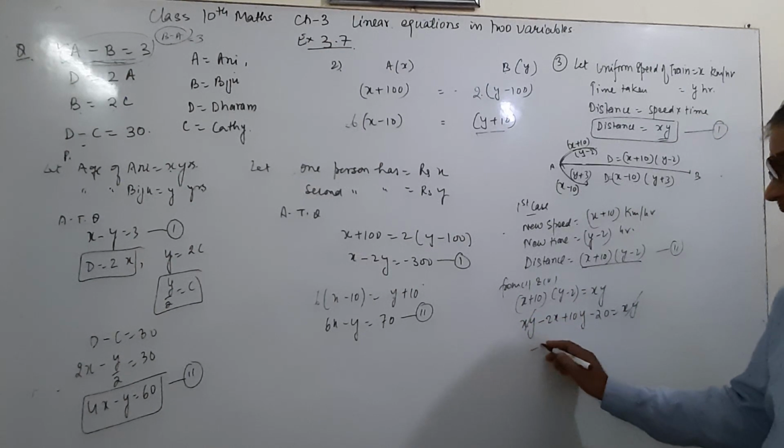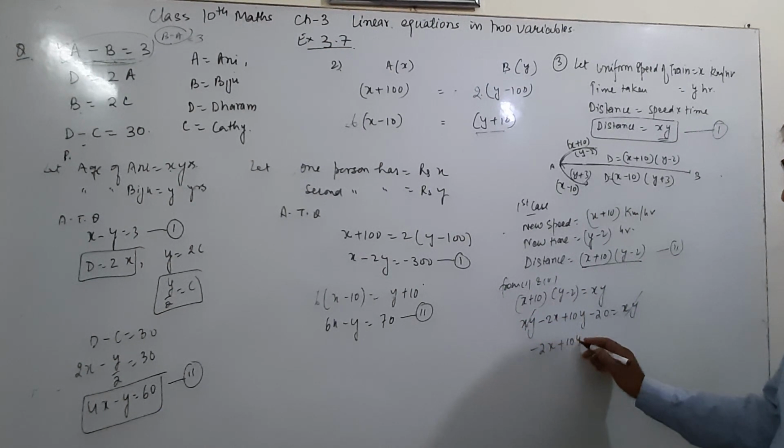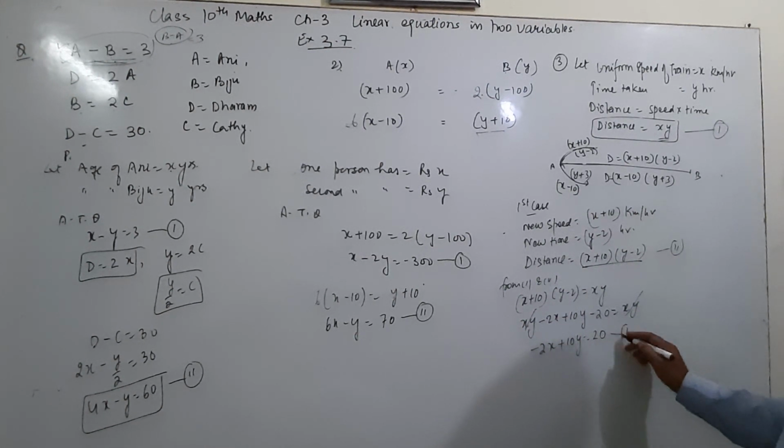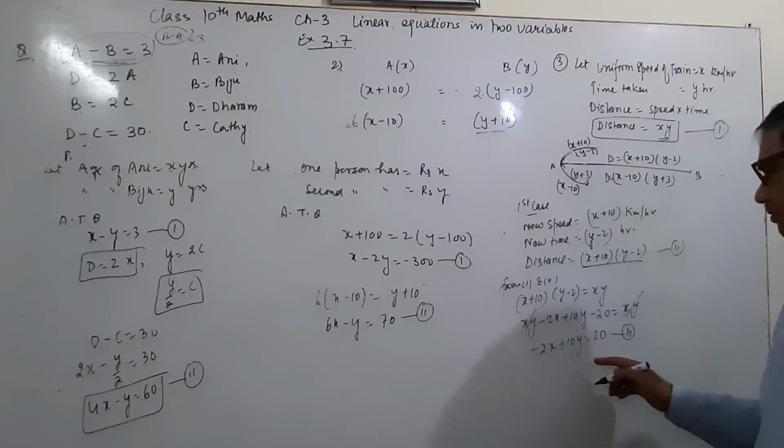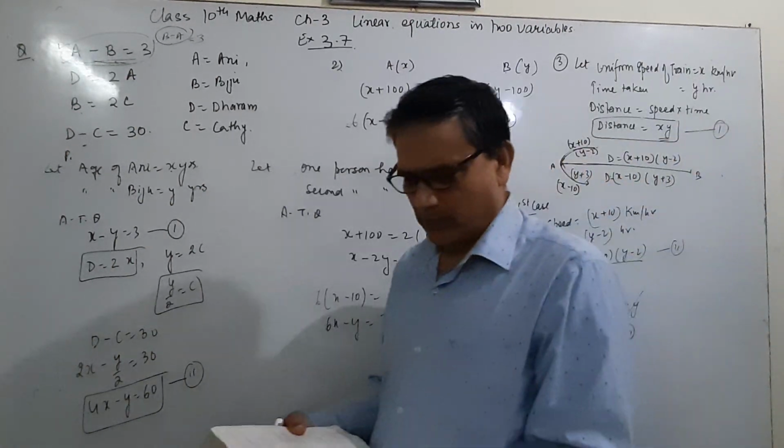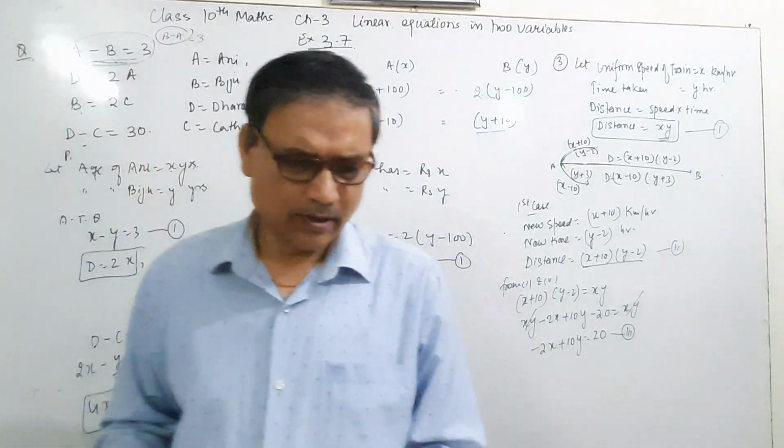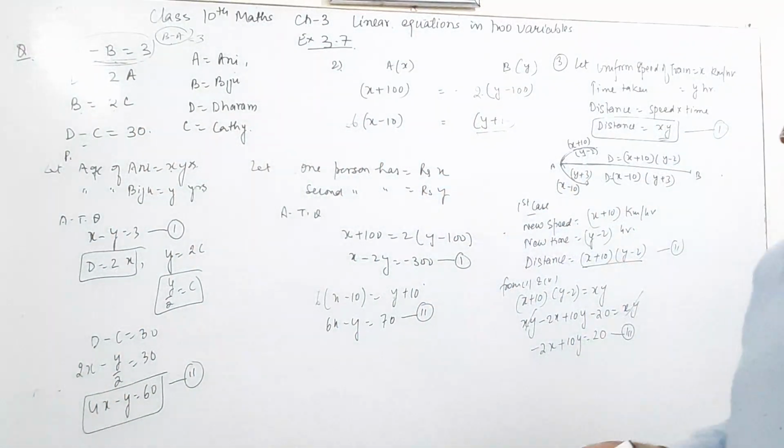XY will cancel, so minus 2X plus 10Y is equal to 20. You can take 2 common. This is equation number first.